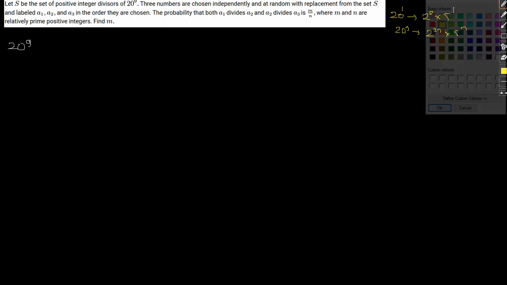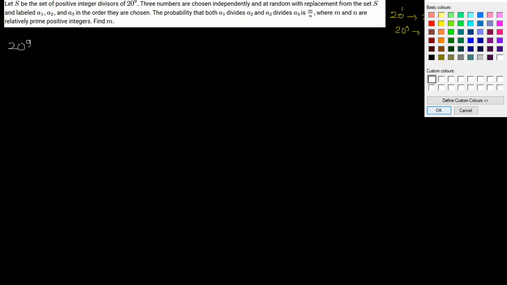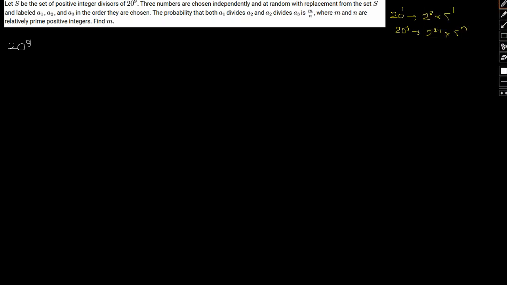So for 20 to the power 9 we can prime factorize it as 2 to the power 18 and 5 to the power 9.